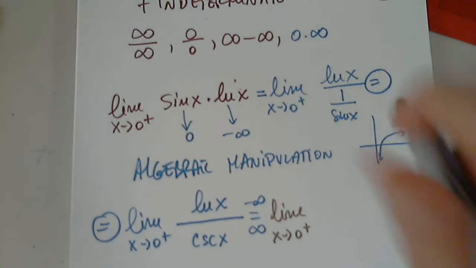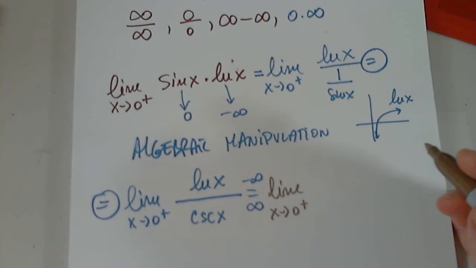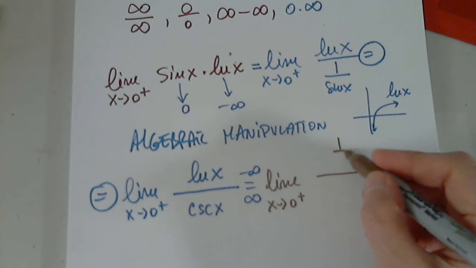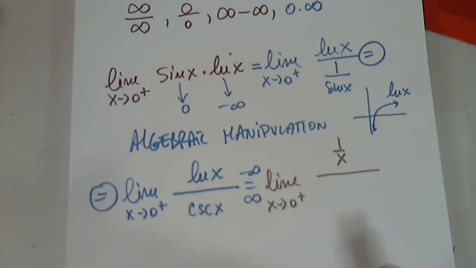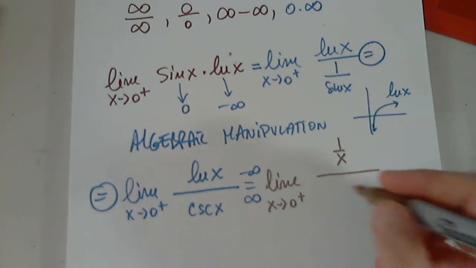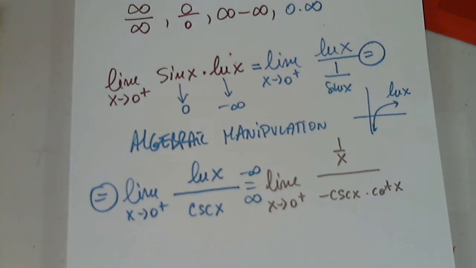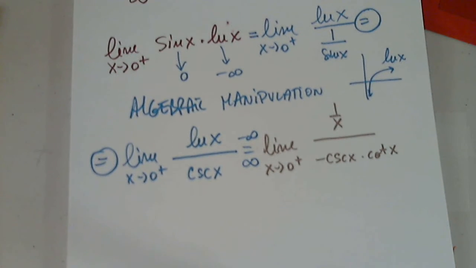I'm checking my computer battery. It's okay. And I differentiate the top, and I get 1 over x. And now I differentiate the denominator, and it's negative cosecant x cotangent x. Now I will check again and see what's happening here. Before I do that, I would like to see what this product really means.